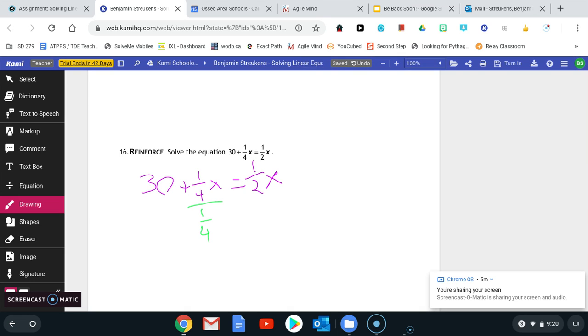But when we divide fractions, what we're going to do instead is multiply by the reciprocal. So we're going to multiply by the reciprocal of 1/4, which is going to be 4/1 instead. So that's what we would do on this side as well. So we would have times 4/1.